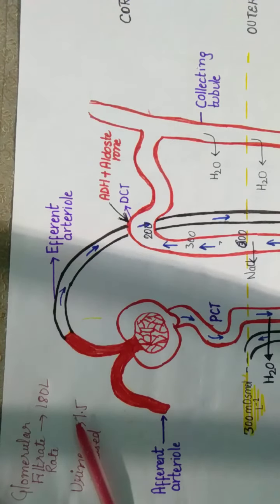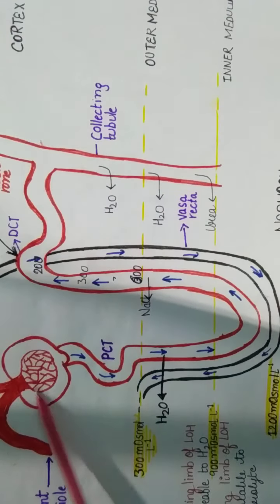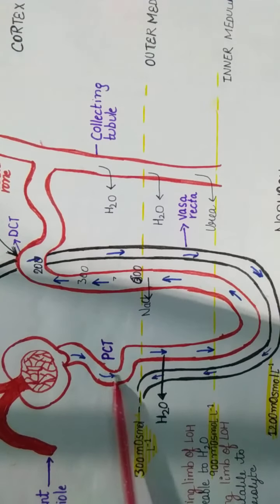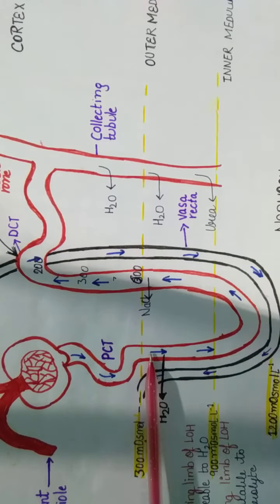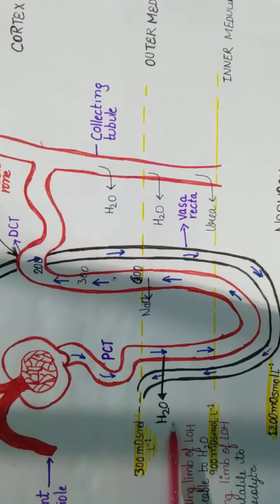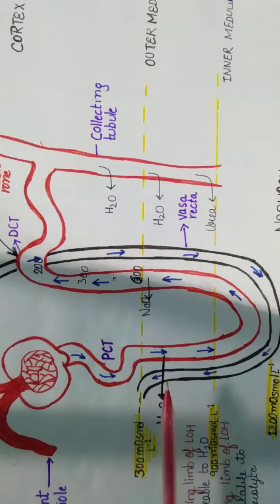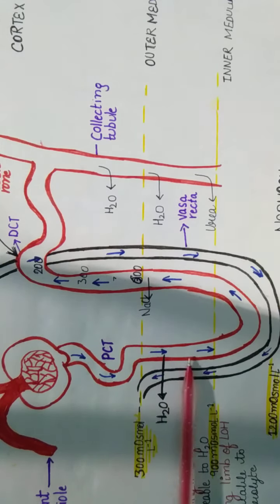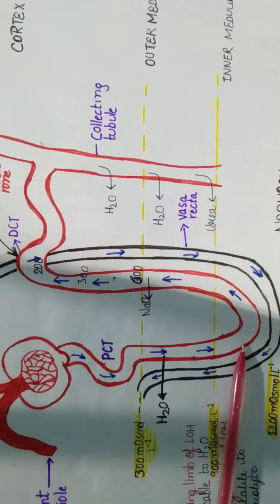Now as the filtrate moves downward through the descending limb of the loop of Henle, reabsorption of water takes place in the medulla. And as I told you earlier, the one which has a lesser amount of water is more concentrated. So water is getting reabsorbed, and concentration is increasing as the filtrate is going downward.